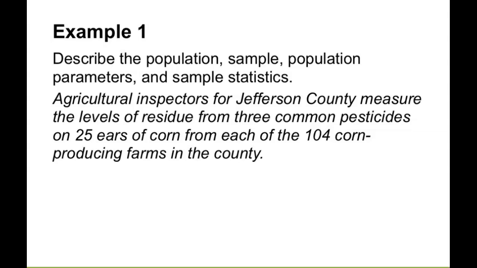The population is the group of individuals we're interested in studying. The sample is the actual subset we went out and studied. The parameter is the calculation we want to know about the population, and the statistic is the actual calculation we made on the sample, right?